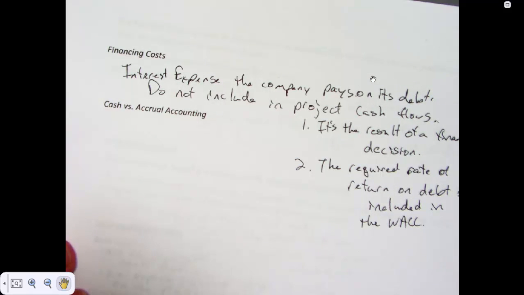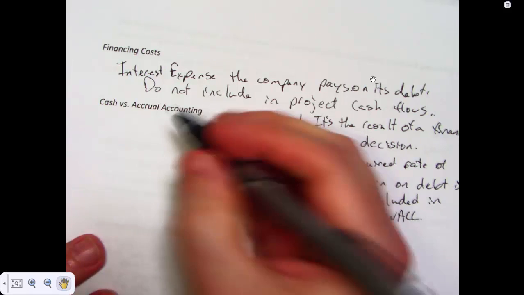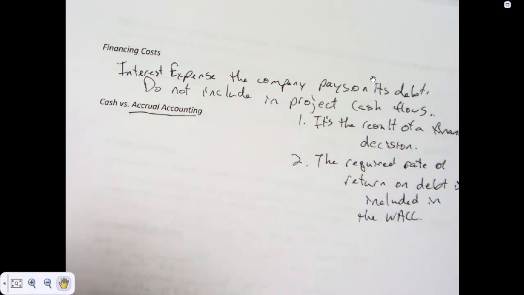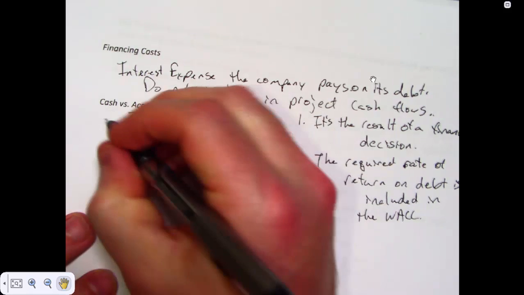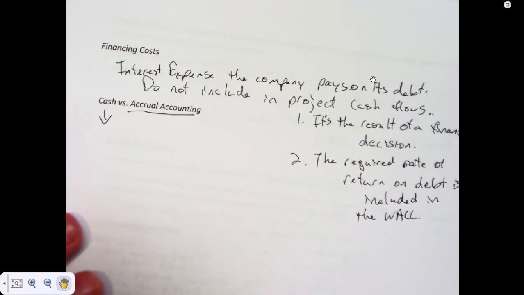The last item here is cash versus accrual accounting. And I talked a little bit about this when we went through our project with the lemonade stand. I told you that was accrual accounting. So for a capital budgeting project, we care about cash. Okay, so we take everything back to cash.